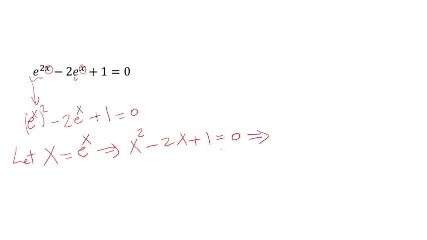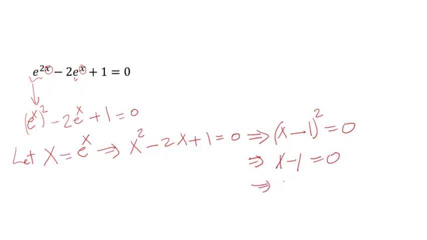If you watched previous videos on remarkable identities, this would be basically X minus 1 squared equal to 0. So X minus 1 squared equal to 0 means X minus 1 is equal to 0.